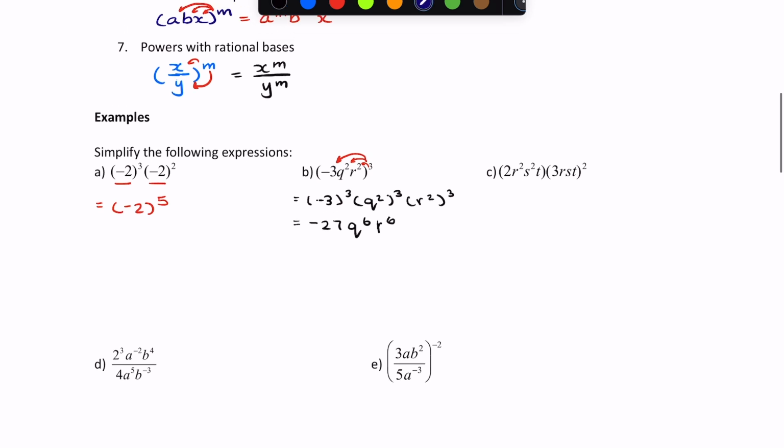If we look at C here, again, you're going to first distribute the 2 into the r, s, and t, and the 3 into the r, s, and t. And so here we'll get 2r squared s squared t times 3 squared r squared s squared and t squared.